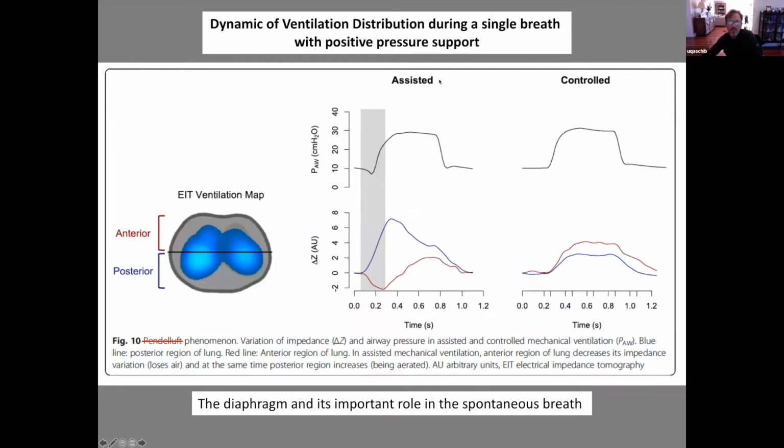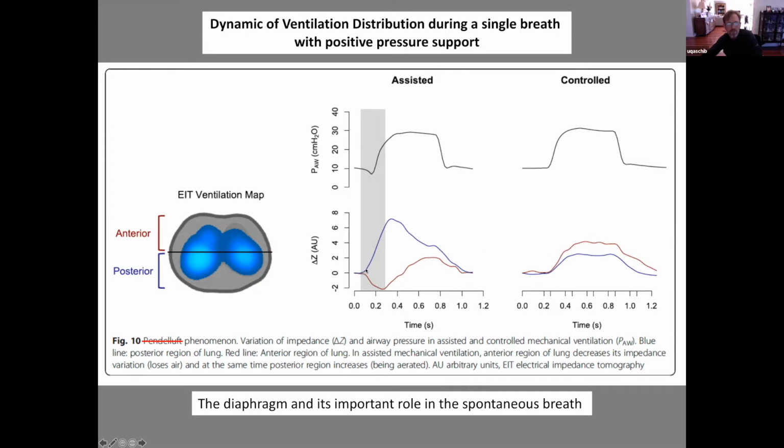We can see even if we assist a breath or if we deliver a controlled breath, the impedance change in the posterior and anterior lung have quite different filling characteristics. If we use a controlled breath, the anterior in a sick lung is initially a bit faster compared to the posterior, but they're more or less the same.